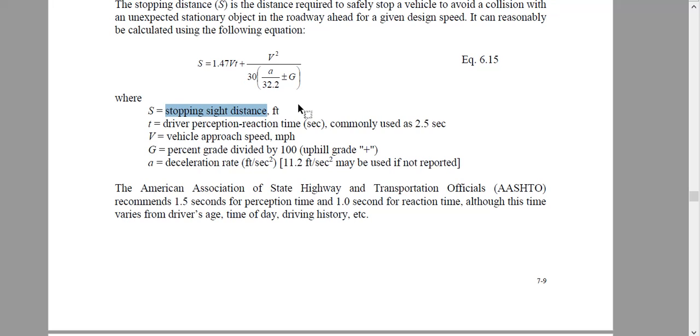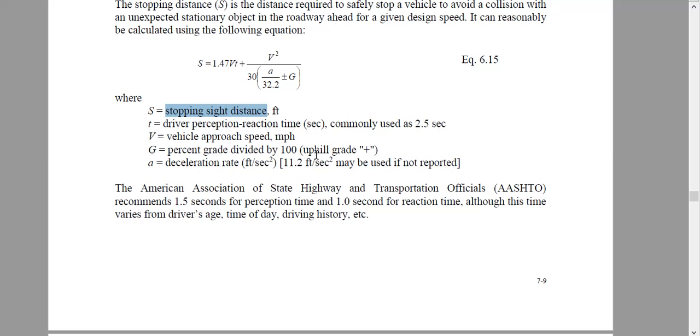That means I saw an object, I thought about it that I need to apply brake, then I applied brake. So this time is perception reaction time. Why 1.47? To convert miles per hour to feet per second, because this distance will be in feet. This equation is very famous. We use it in many places: dynamics, traffic analysis, highway design.